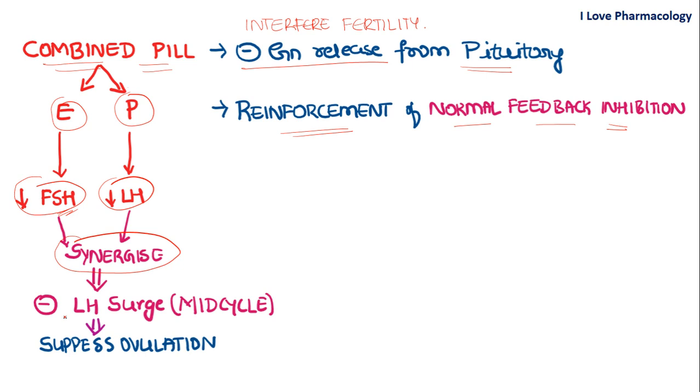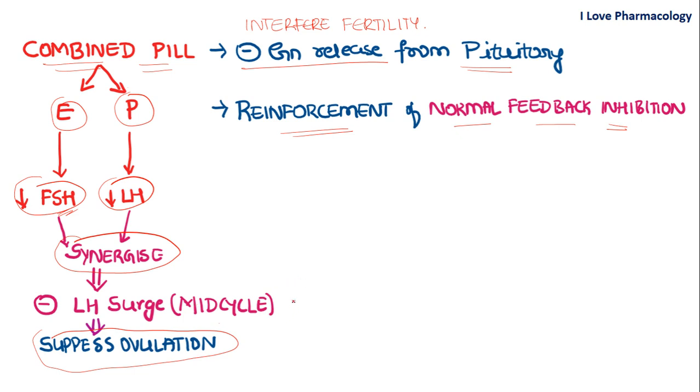So they will inhibit the LH surge which occurs at mid cycle. That's why these combined pills cause abolition of the mid-cycle LH surge, and that prevents ovulation.